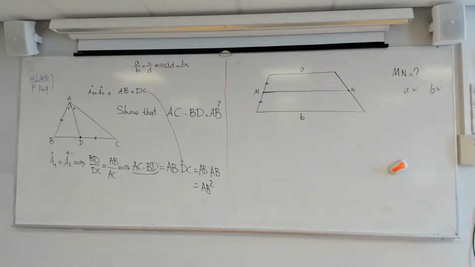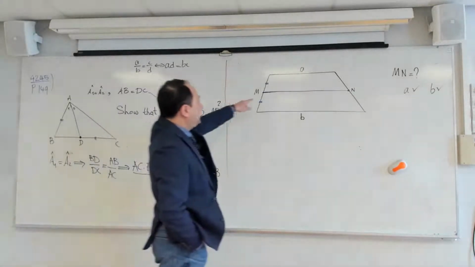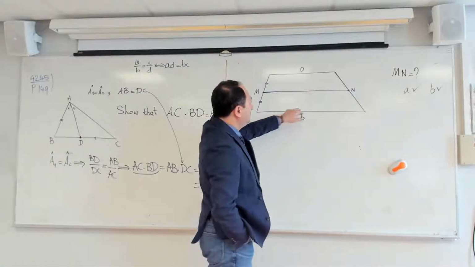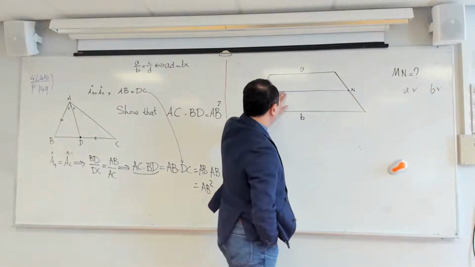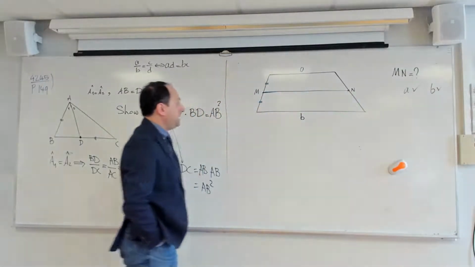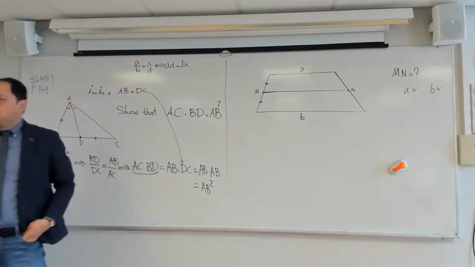Here, M is the midpoint. I draw a line parallel with these two. It will go and intersect the opposite side at some point N. I want to find the length of MN in terms of A and B.